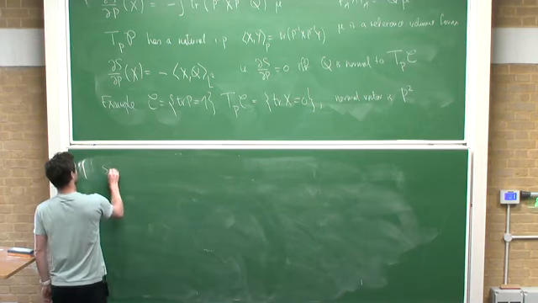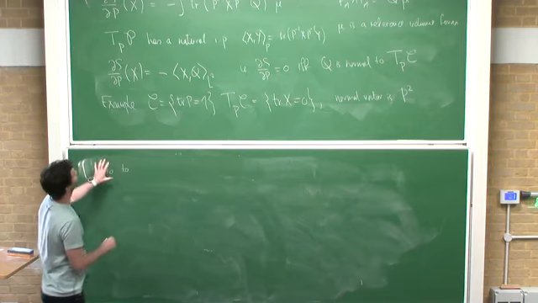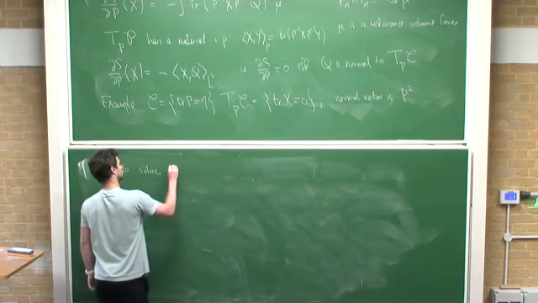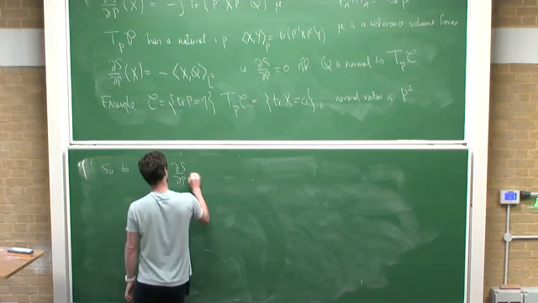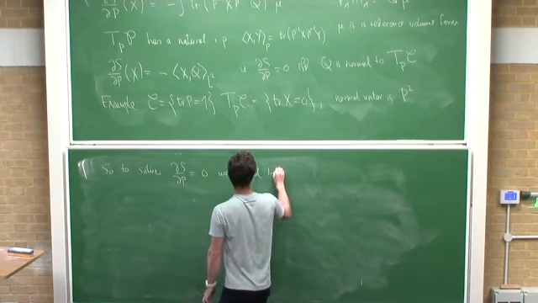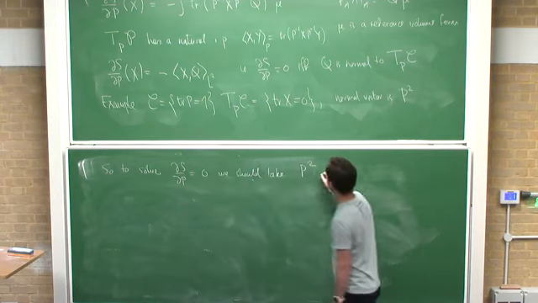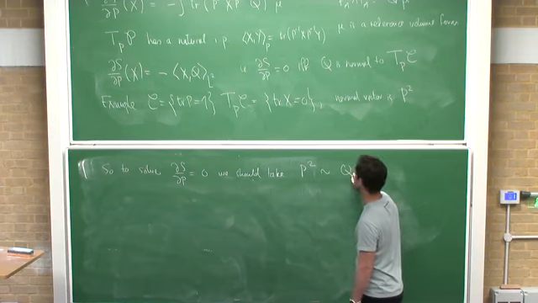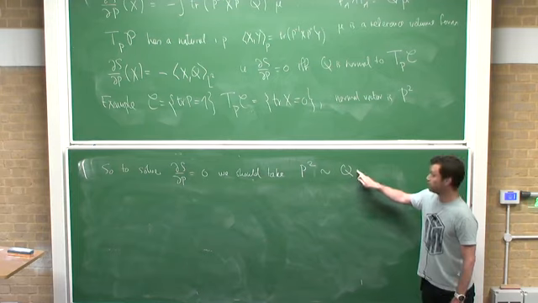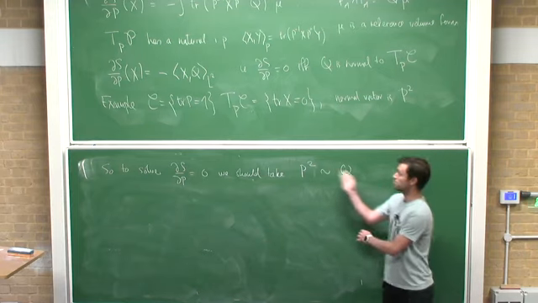Okay, so to solve the Euler-Lagrange equations for just varying P, we should take P squared to be proportional to Q. Okay, remember Q is only defined up to scale, and I just need Q to be normal. It just needs to be some multiple of the normal vector.